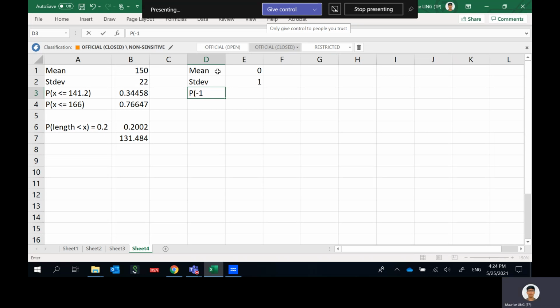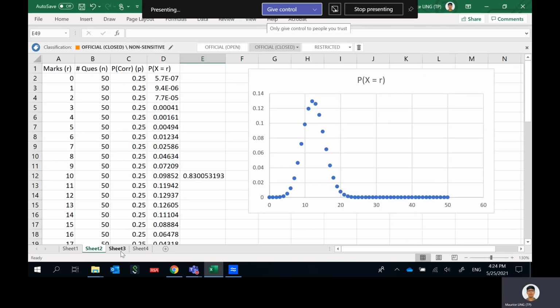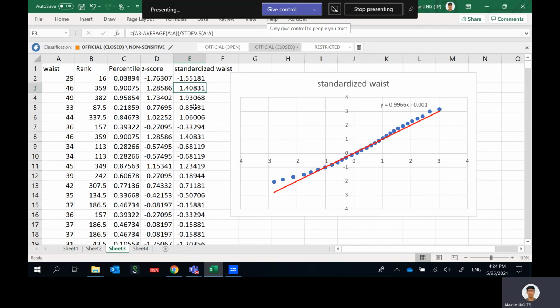Because there's a different scale. It is the difference between your weights compared to a standardized weight. So a standardized weight, this is exactly what we do. We convert from one scale to the other scale.